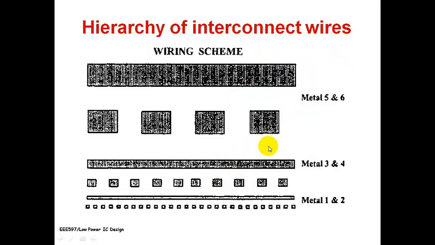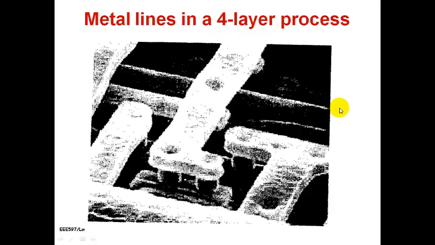But if I go for a very big metal width, naturally I would get increased C. So in the process of reducing R, I am increasing C. This is not acceptable. Therefore we limit ourselves to a certain width for metal 1, 2 and metal 3, 4. Whereas here, because it is so far away from the substrate, it is no problem at all.